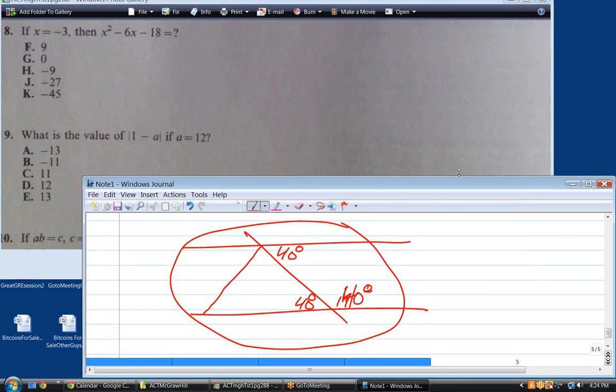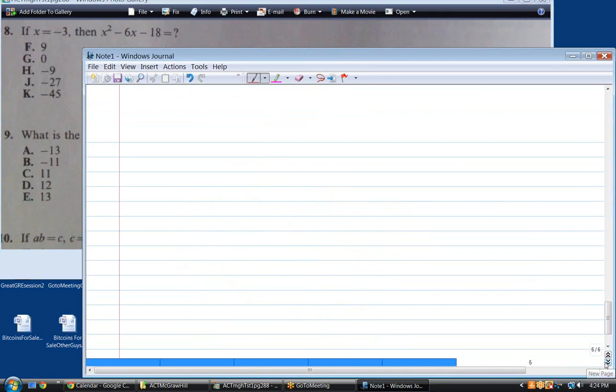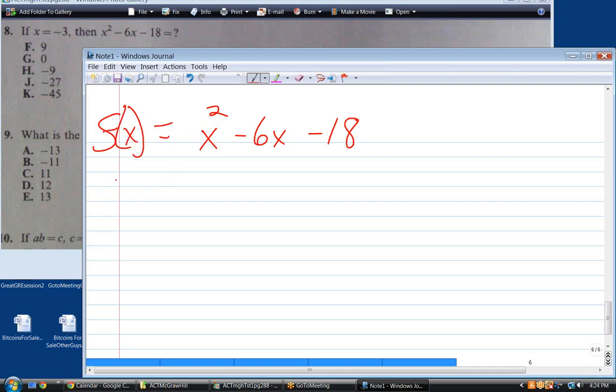How about number 8? What is f of minus 3 equal to? Let's go through it step by step.